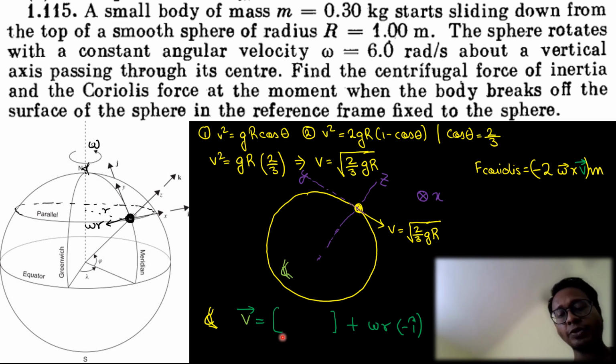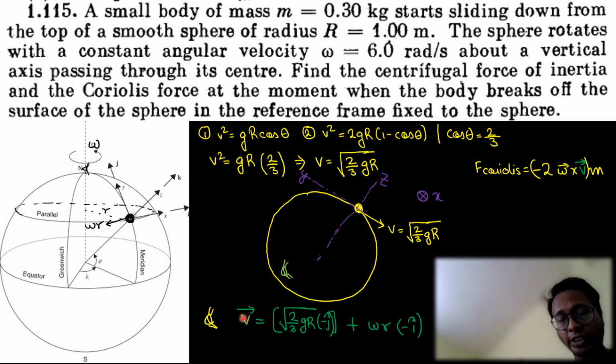Now what was the actual velocity of the particle as seen by someone on the ground? The actual velocity of the particle was in this direction, which was equal to under root 2 by 3 gr. And what is the direction of this particle as seen by him? Opposite to y-axis. What is opposite to y-axis called? Minus j cap.